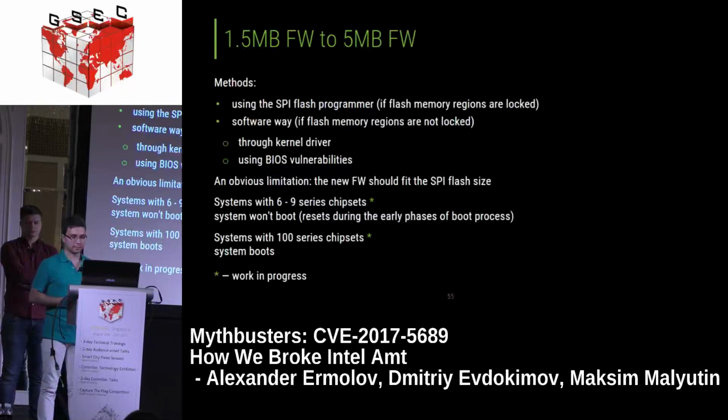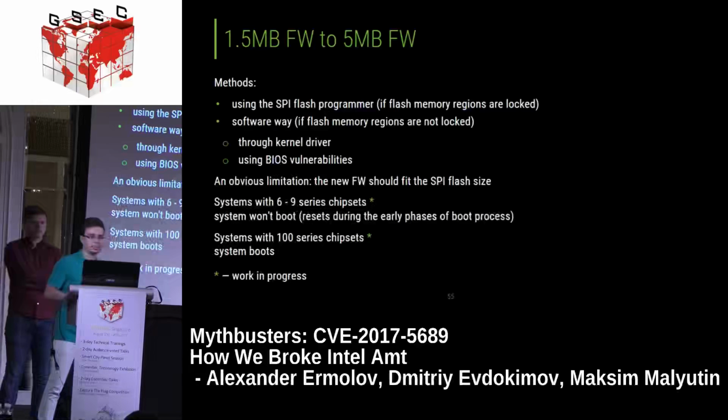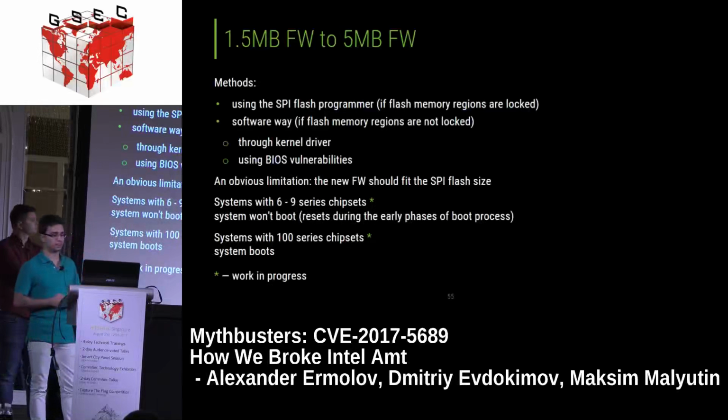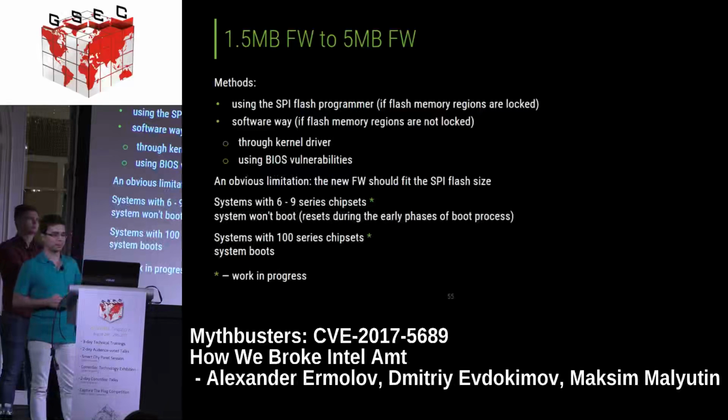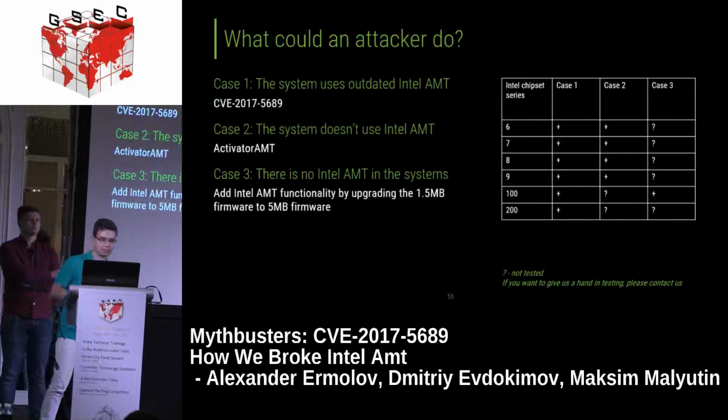This will allow bypassing the flash region locks, but some systems have SPI flash regions unlocked, so this opens a way to do the same from software. Administrator privileges are required to do that. You can use a kernel driver or exploit local privilege escalation vulnerabilities in system management code.